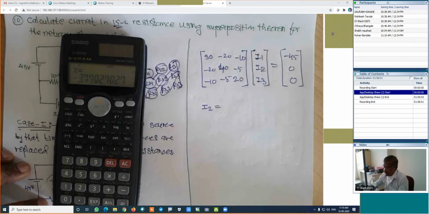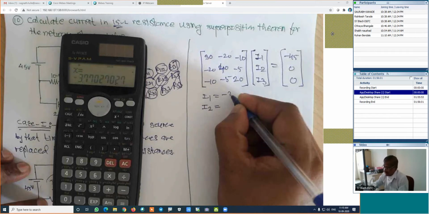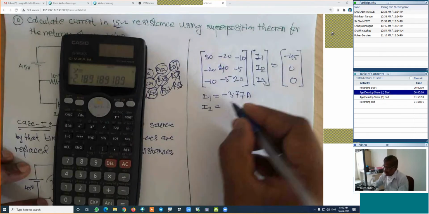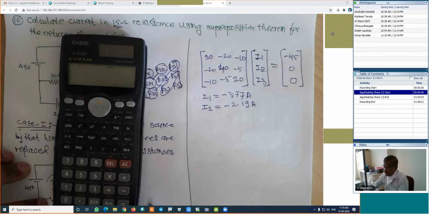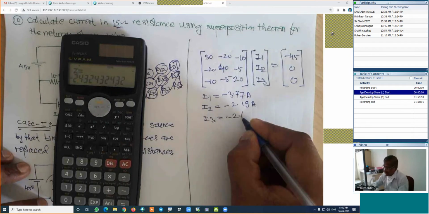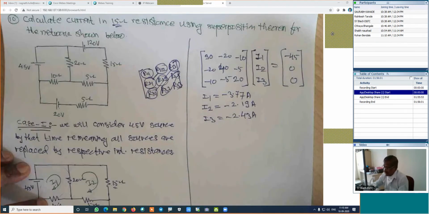And in this case, with I1, it is minus 3.77 amperes. Next is I2. It is minus 2.189, means 2.19 amperes. And I3, it is minus 2.43 amperes. Is it right? These are the values.